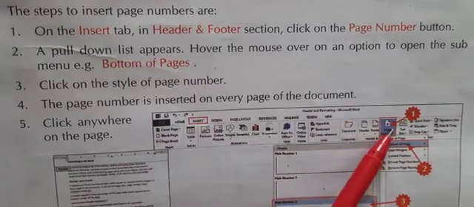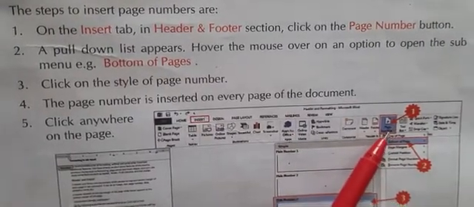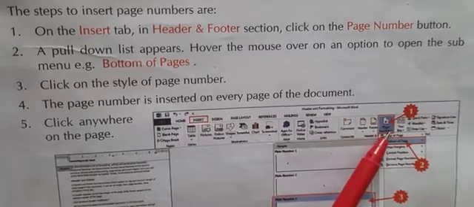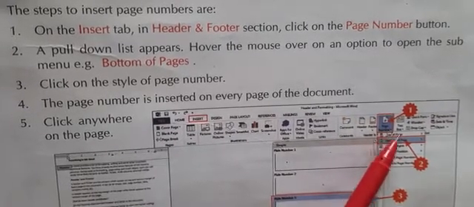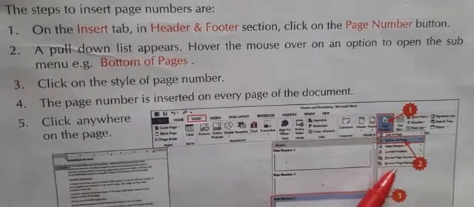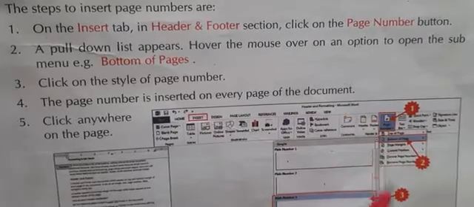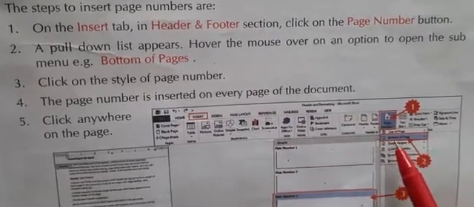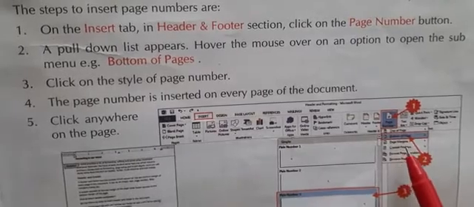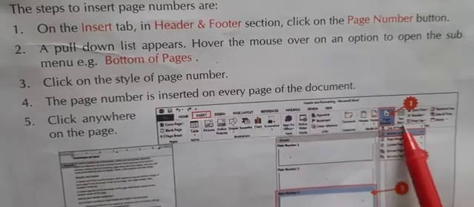Then from the Header and Footer section we will go to the Page Number option. We will click on the drop-down arrow of Page Number. Then a list will appear. We can select any of the options. We can insert the page number at the bottom of the page or at the top of the page.